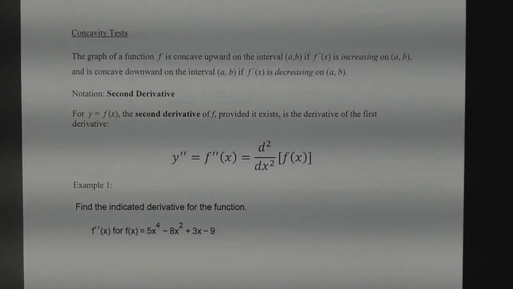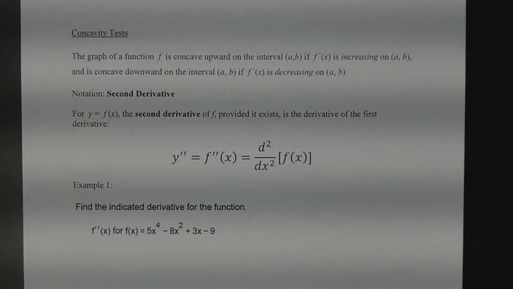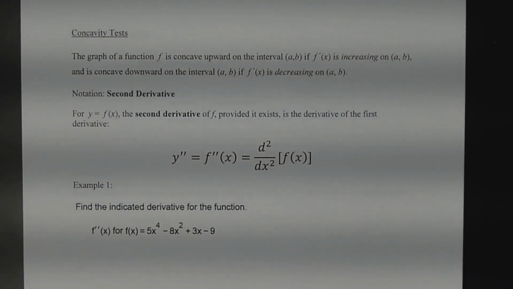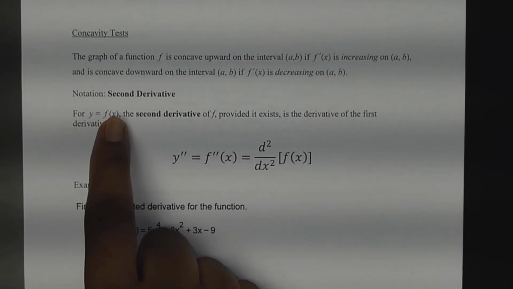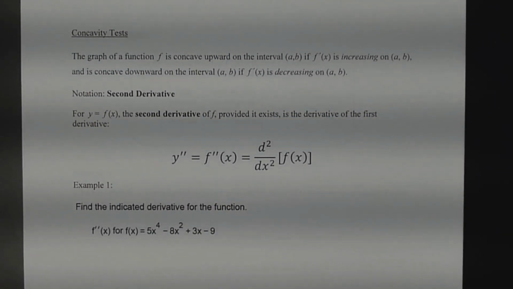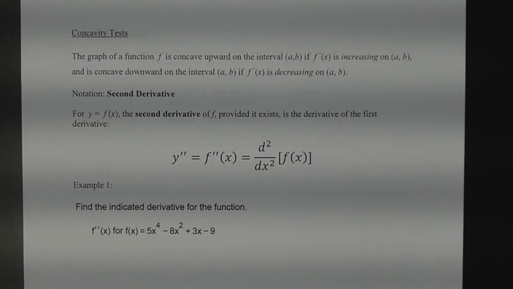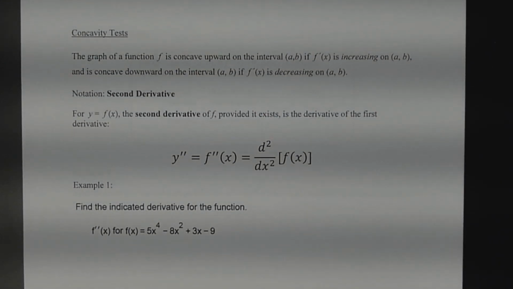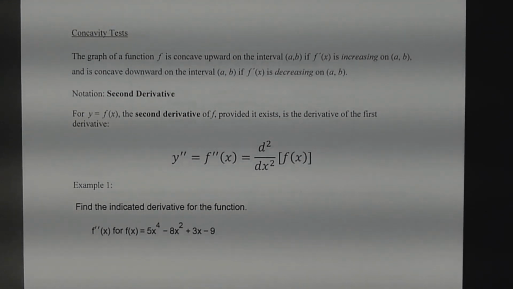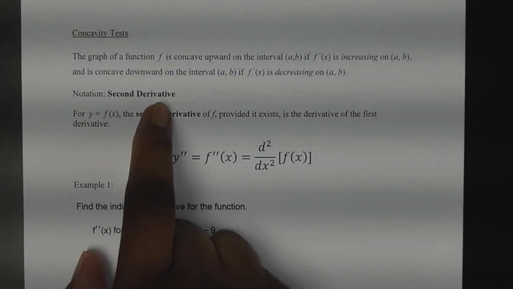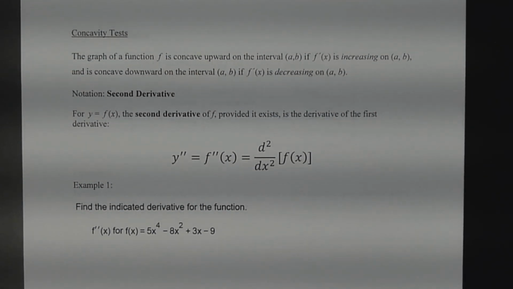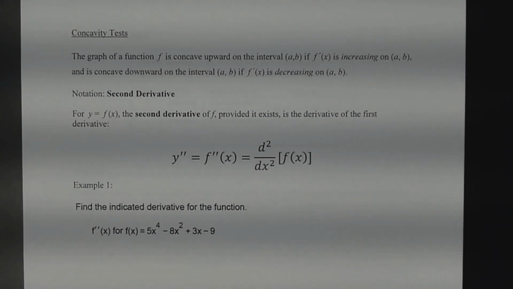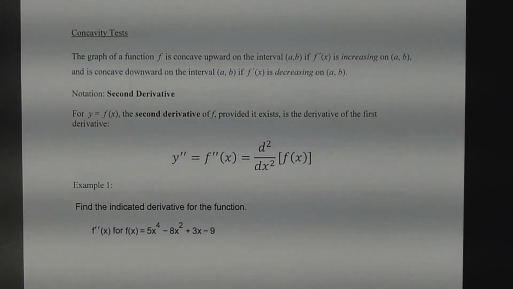All right, now before we go into more detail about our concavity test, we have to know what the second derivative is. Because when we use what they call the second derivative test, we're going to have to determine whether it's concave up or down, and we have to take its second derivative. So here's the notation. For y equals f of x, the second derivative of f, provided it exists, is the derivative of the first derivative.